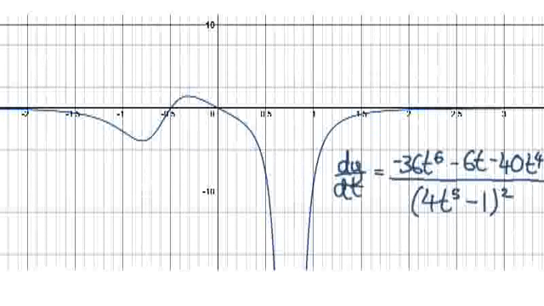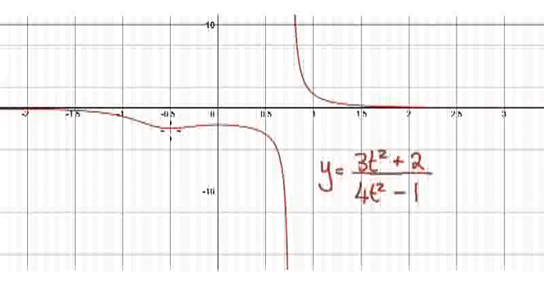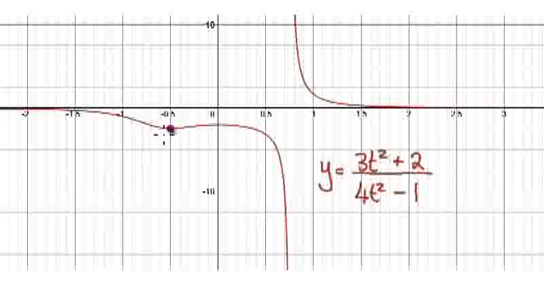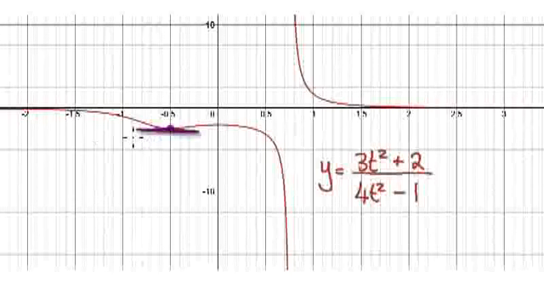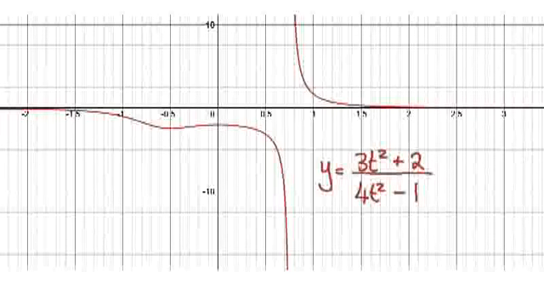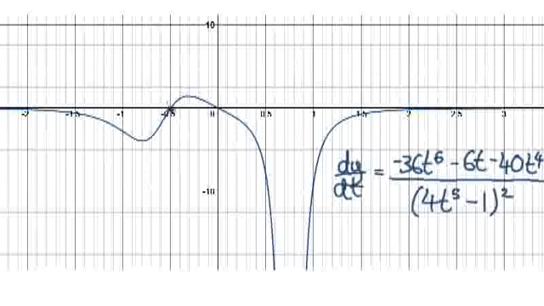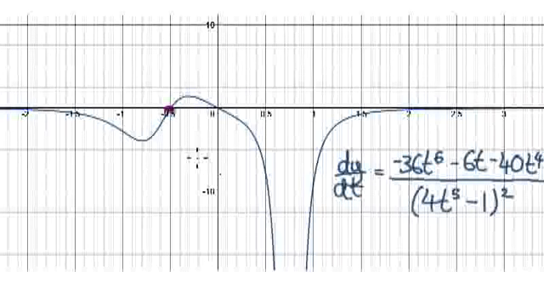Okay. Hang on. Let me show you what I mean. This was our original graph. If you look at this point here, think in terms of the gradient. The gradient at this point here is flat, so the gradient is 0. Now let's look at the gradient graph. You can see that the gradient is 0 when you look at the gradient graph. Okay.